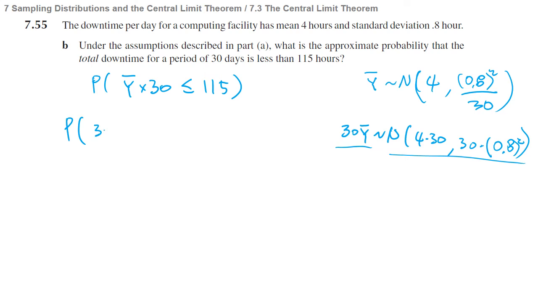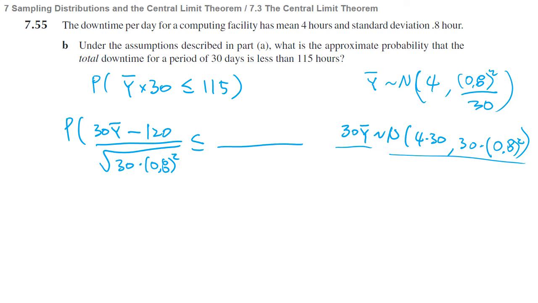So 30 times y bar minus 120 divided by square root of 30 times 0.8 squared, which is less than or equal to 115 minus 120 over square root of 30 times 0.8 squared.